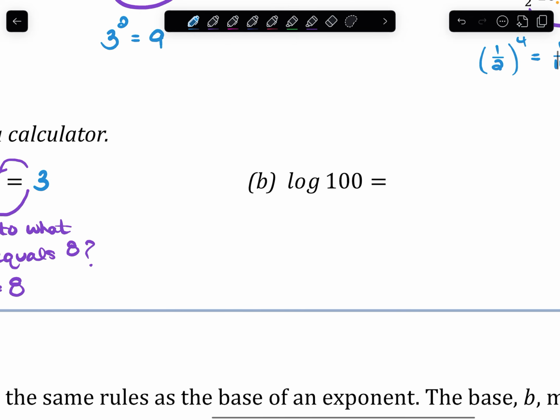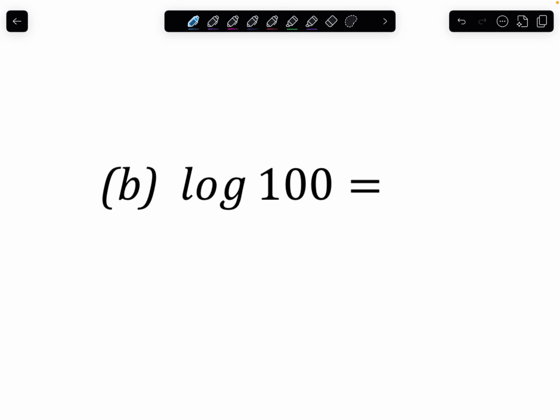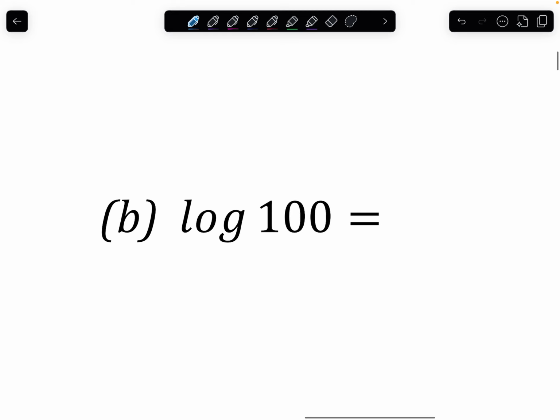B. Notice for this log, there is no base attached. There are two types of logs that don't actually have a base written in. One is called the common log, which is this one here. The other is called a natural log. For a common log, the default base is always 10. So if you don't have a number shrunken down in that subscript area, its base will always be 10.